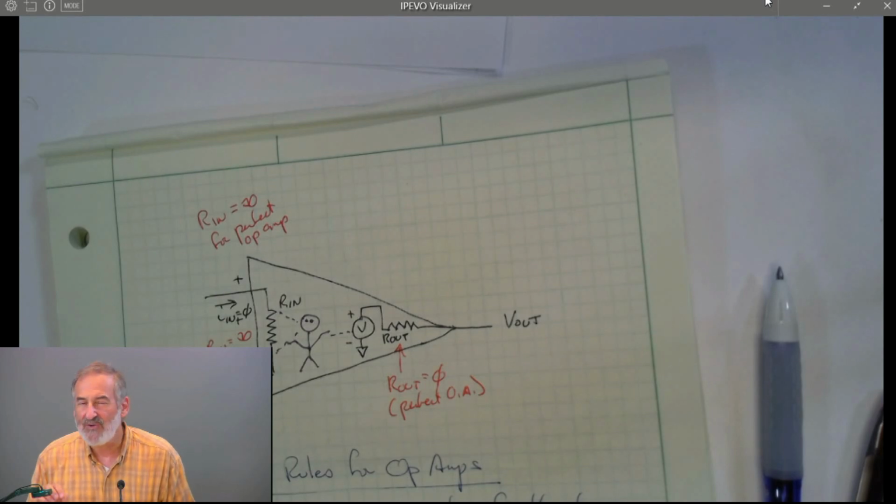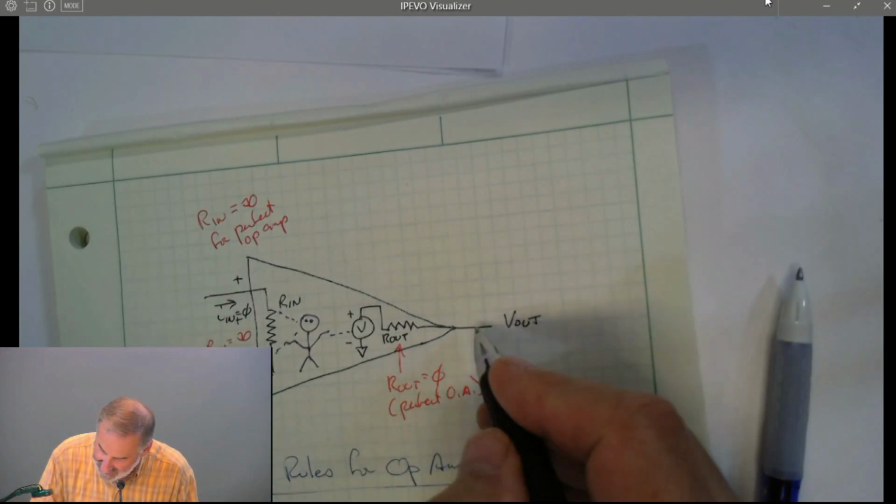Now, there's a few peculiar cases where whatever we put in the connection between the output and the input of the op amp can invert the signal. In that case, you'd have to connect to the positive input. Just keep that in mind, but for the most part, negative feedback means there's some connection between the output of the op amp and the negative input. And let's look at the most direct example of that.